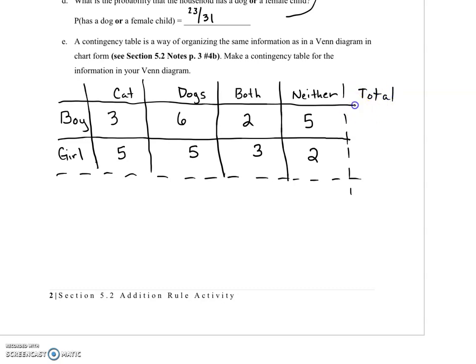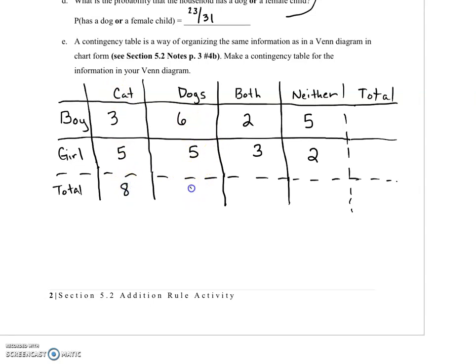We just make a total column, and we can make a total row. And so what we do is we add down the columns. So the total number of cat-owning households, only cats, is 8.